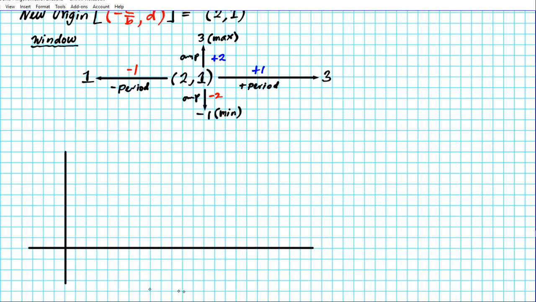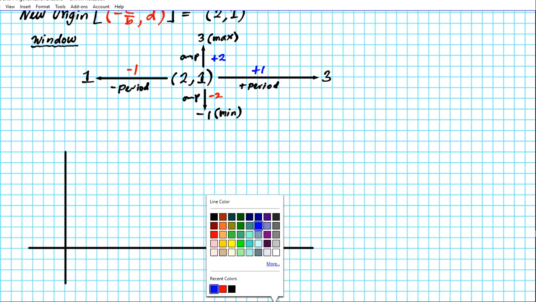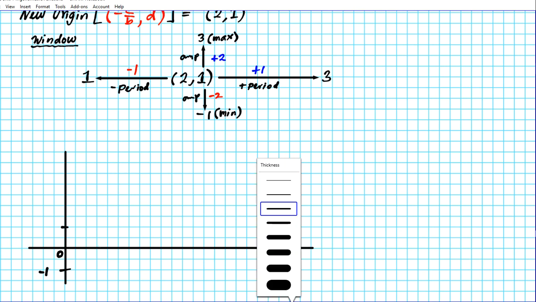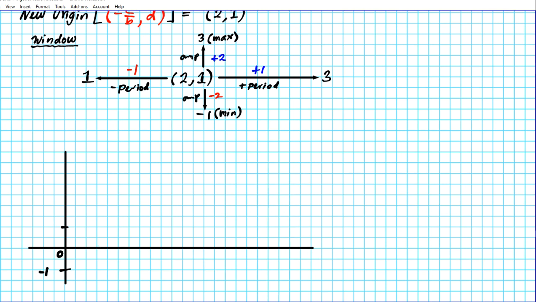So they're just numbers here. So let's go ahead and put them down. This right here is going to be negative 1, our minimum, 0, and then this is 1, and then this is 2, and then this is 3. Stop right there. That's the maximum. It's good enough.